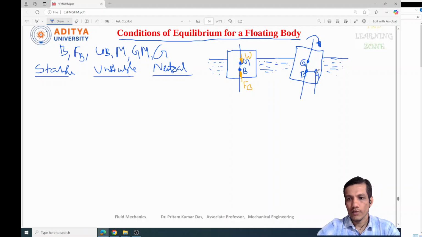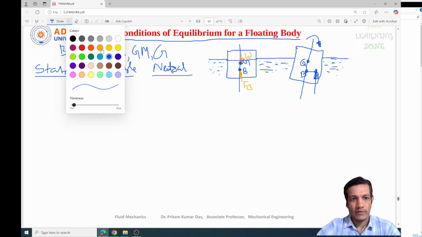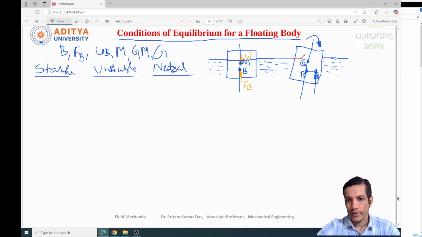Initially the body was in this condition; after rotation, the area on the right side has increased compared to the previous one. That's why the center of buoyancy changed from B to B1, and the force of buoyancy also acts at this point.